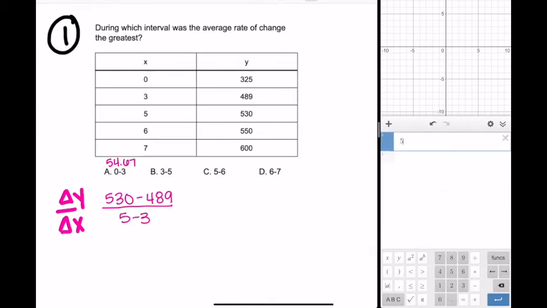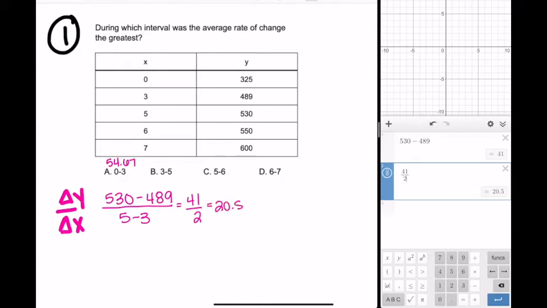Okay, so 530 minus 489 is 41 divided by 2. So 41 divided by 2 is 20.5. So we'll make a note of that. So far, it can't be B because A is already greater.